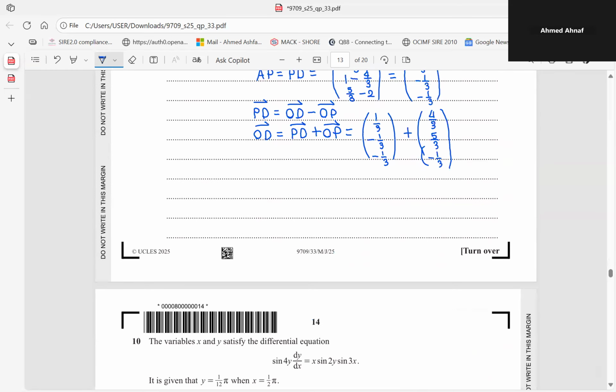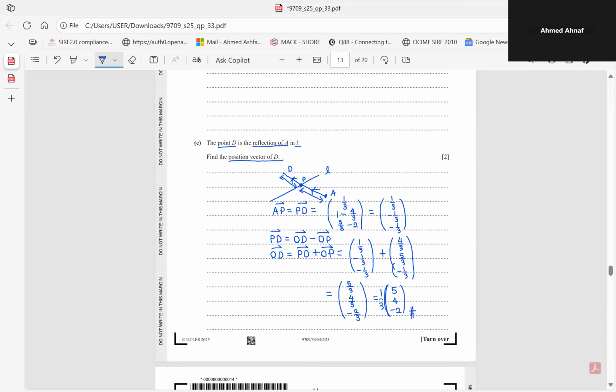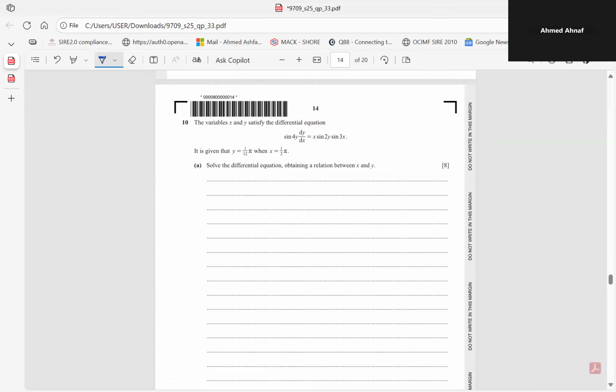So adding these up, you will get 1/3 plus 4/3, you get 5/3, and minus 1/3 plus 5/3, you get 4/3, and minus 1/3 minus 1/3, you get minus 2/3. Then hence the final answer will be 1/3 times 5, 4, minus 2. So this would be our final answer for this part, as well as the entire question. Let's head on to the next question.